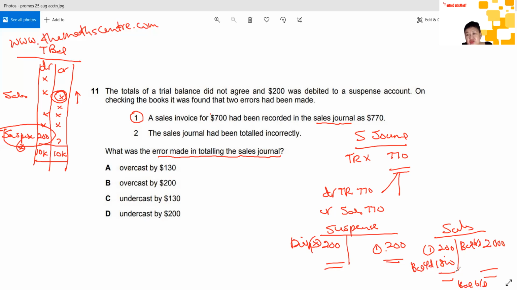So you can see that originally your sales was 2,000. Now your sales is 1,800. So the error made in totaling the sales journal is that your sales was overcast by 200. You push 2,000 down by debiting your sales by 200, reducing it to 1,800. I remind you, 2,000 and 1,800 are just numbers that I plucked.